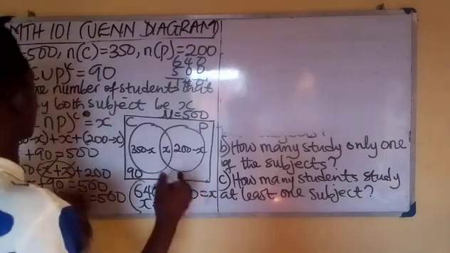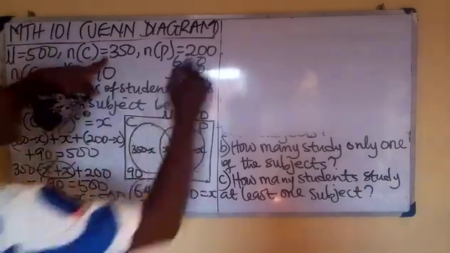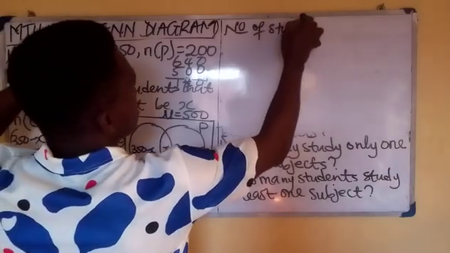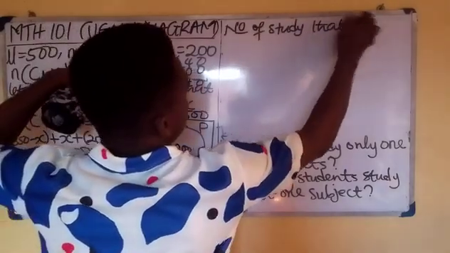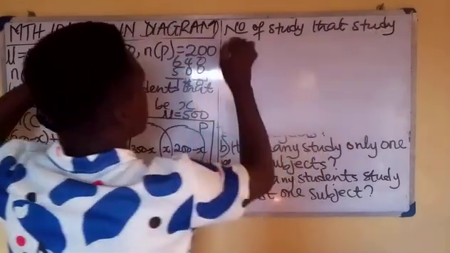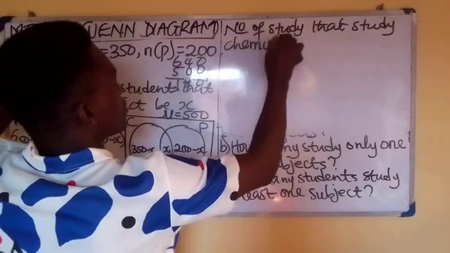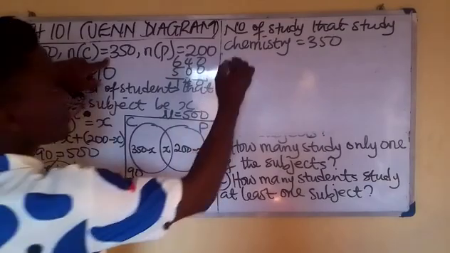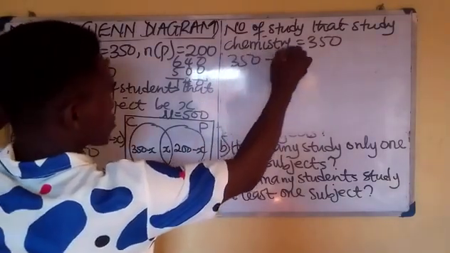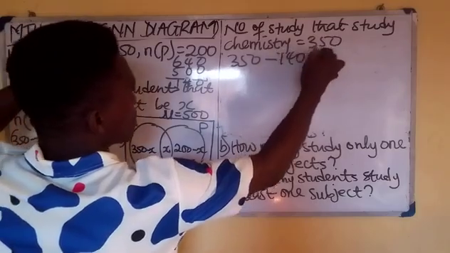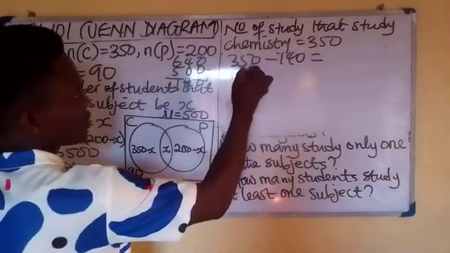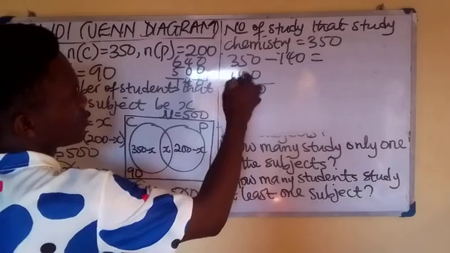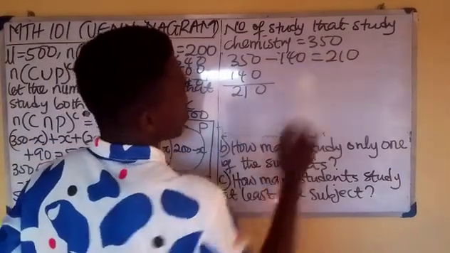So the number of students that study chemistry equals 350 minus 140. So 350 minus 140, let's do together. There's 0, 1, 2. So it becomes 210.